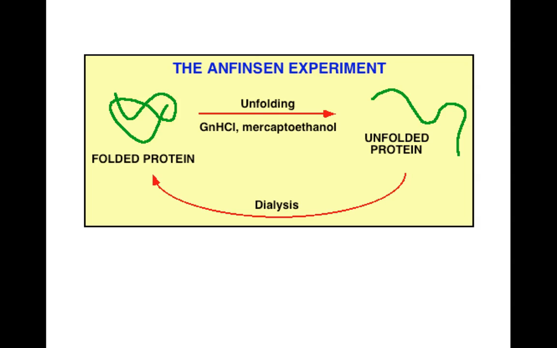As soon as you remove it by dialysis, the protein was able to refold into its proper three-dimensional shape. And once it formed its proper three-dimensional shape, the active site was reformed and it made the protein active once more. So that's, in a nutshell, what an Anfinsen experiment is all about.